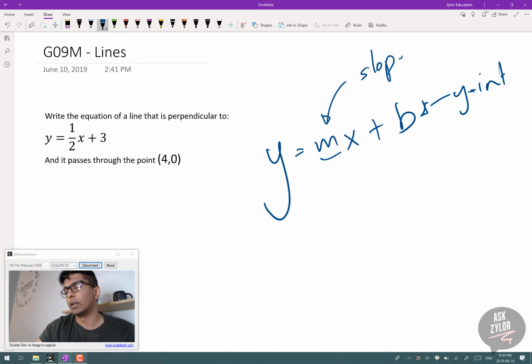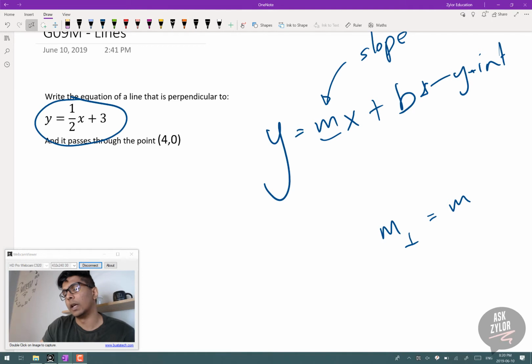So we need to find the slope. They've given us a line that it's perpendicular to, so that's helpful because we know the slope of a perpendicular line and the slope of the original have to be negative reciprocals of one another. So the negative of 1/2 and the reciprocal of 1/2. What does that mean?